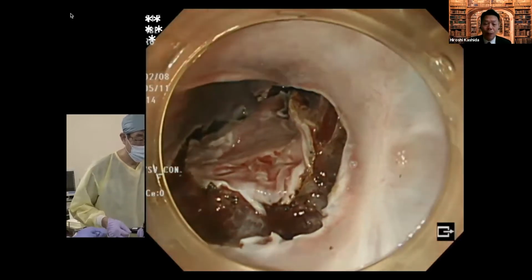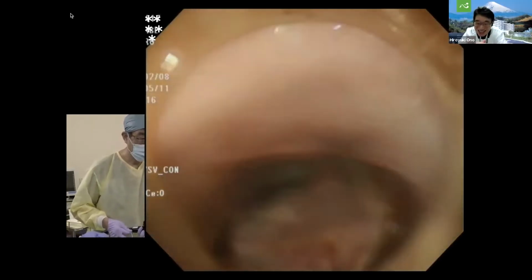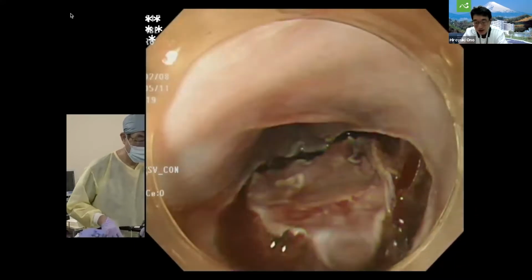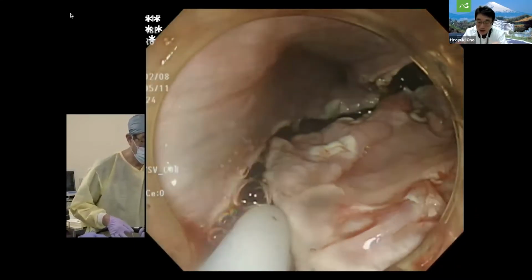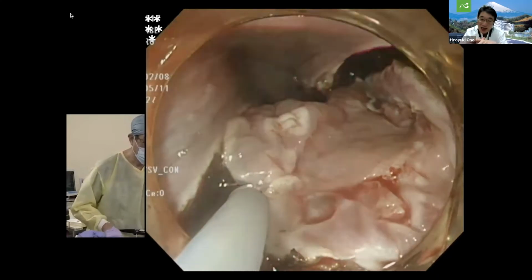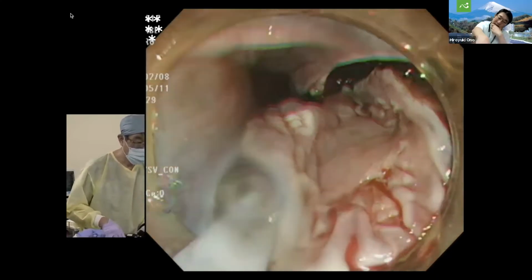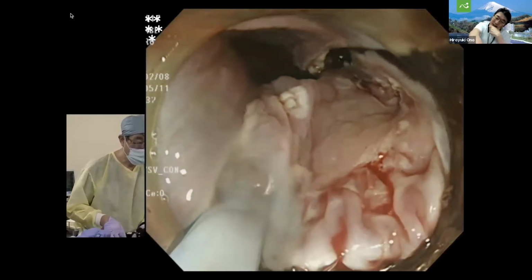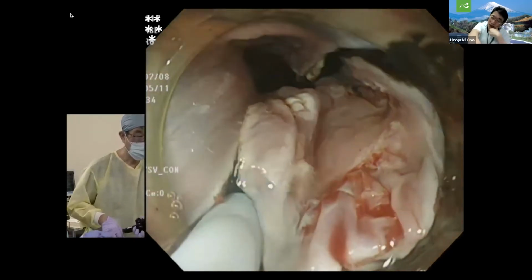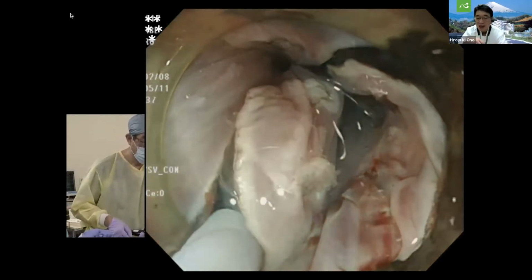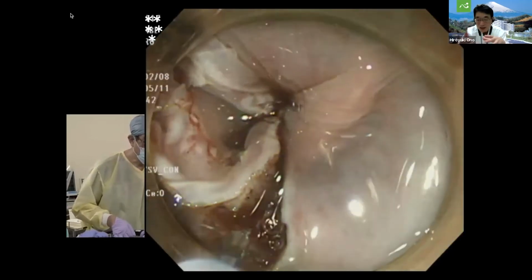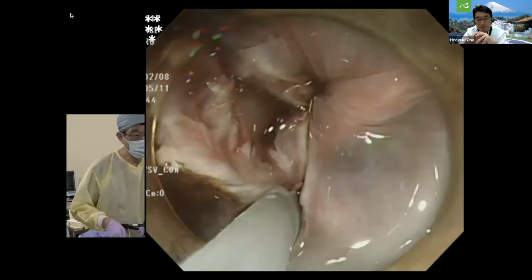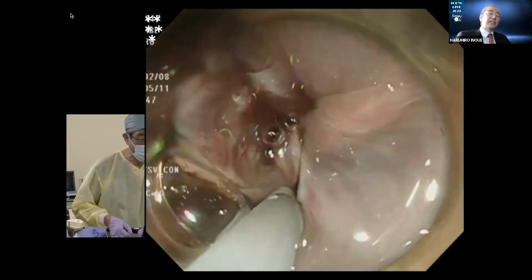So now you can understand this area has a fibrotic change. However, in this area you can see the blue layer, the submucosal layer stained blue, on the proximal side. But the center is not lifted.